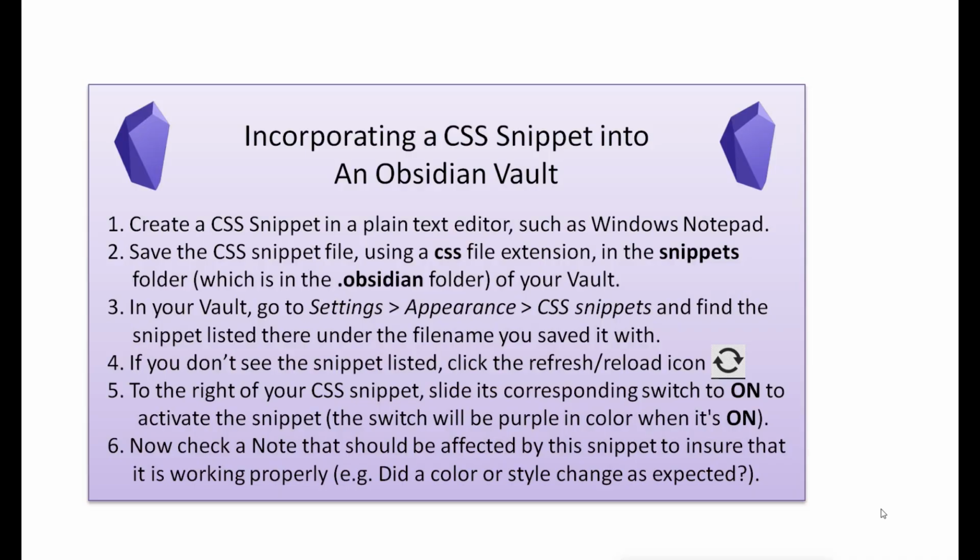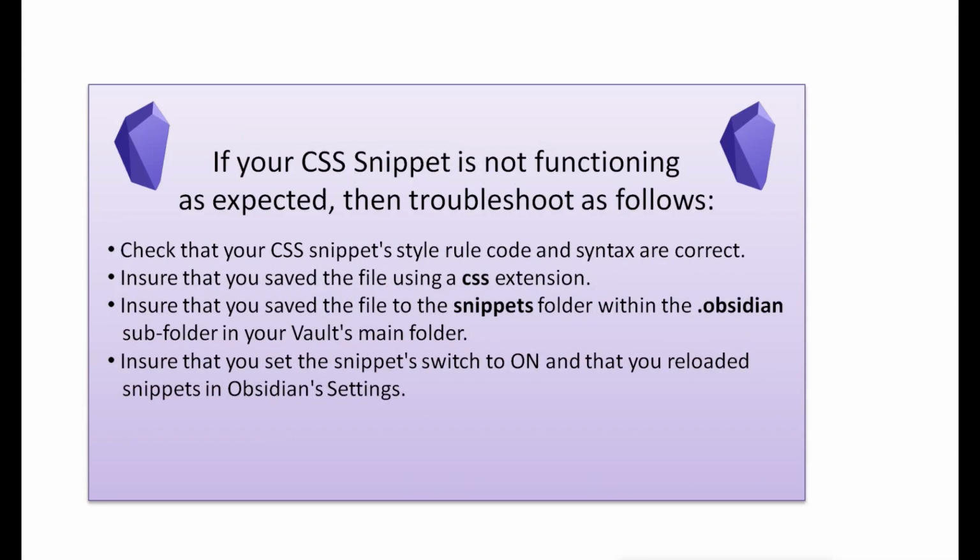If you don't see it, click the Refresh Reload button. To the right of the snippet, slide its corresponding switch to On to activate the snippet. And then open a note and create something in the note that should be affected by the snippet to ensure that it's working properly.